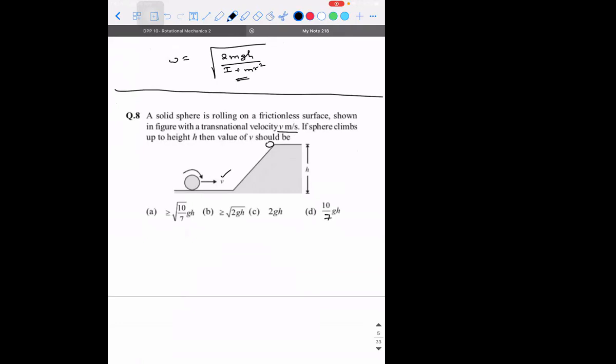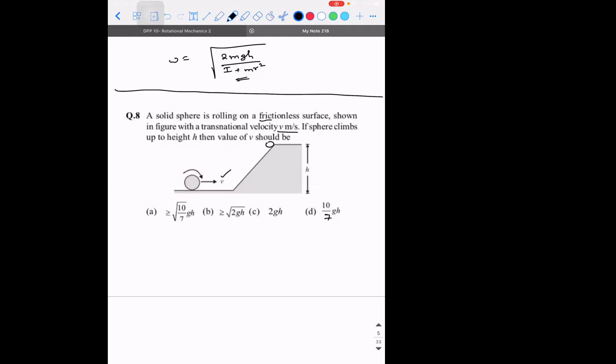How to proceed with this? Wherever height comes in, by default, it is only energy conservation.